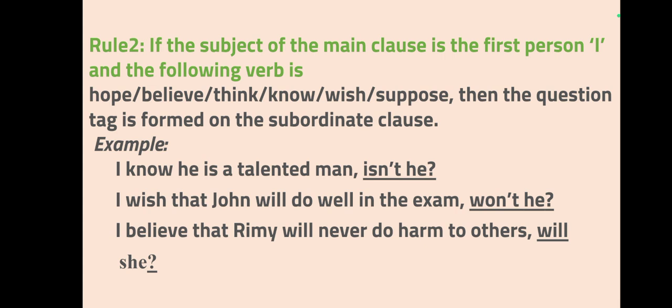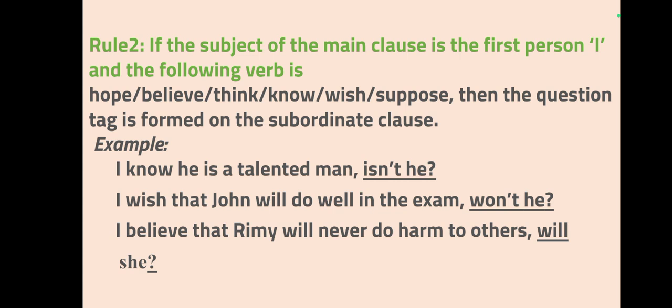It means if there is a complex sentence and the subject of the main clause is the first person I, and we find any of these verbs, then we form the tag question on the subordinate clause, not on the principal clause. For example, I know he is a talented man, isn't he?